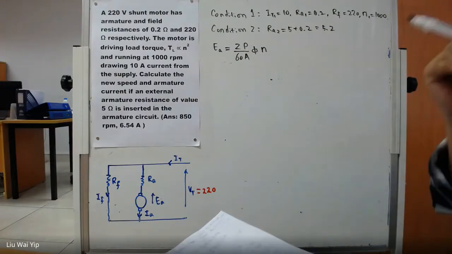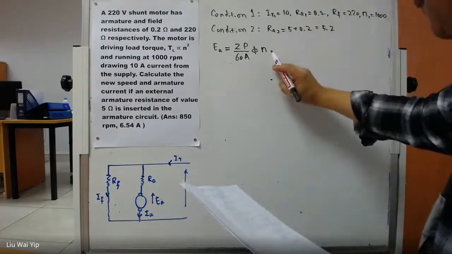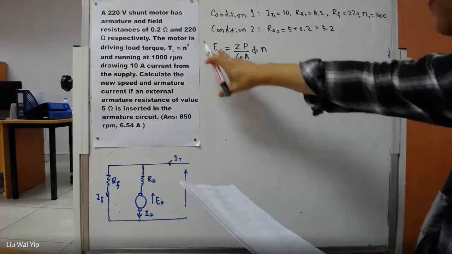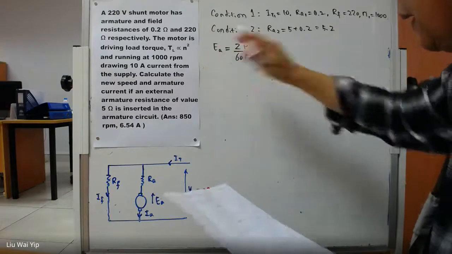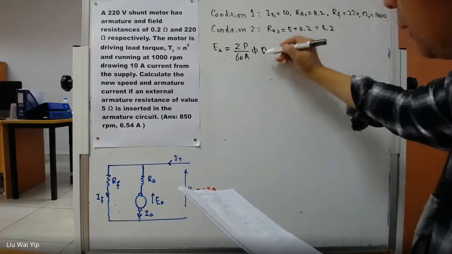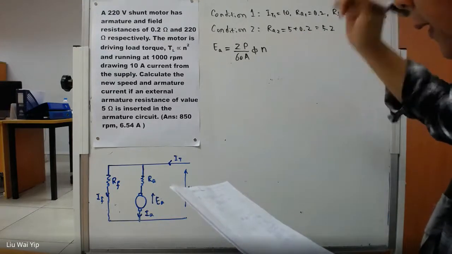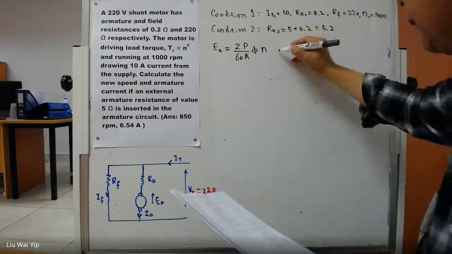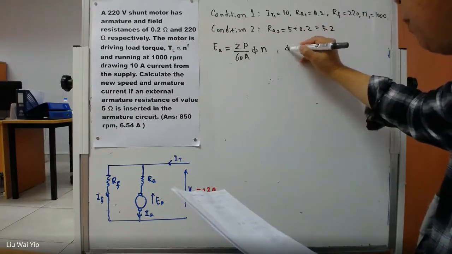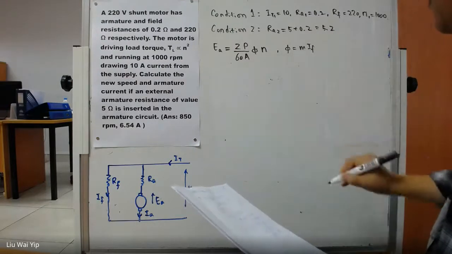So now the question is, can we rewrite this formula? Now you have the phi here. This phi is the polar flux, right? And we know that the flux is proportional to the field current.